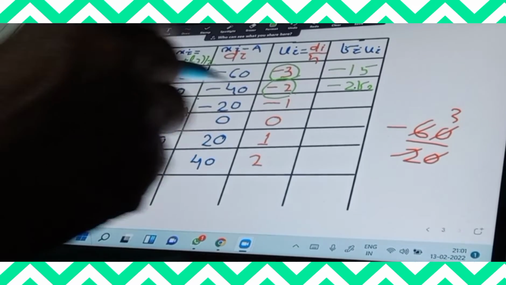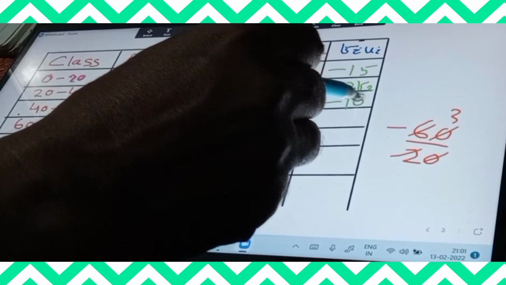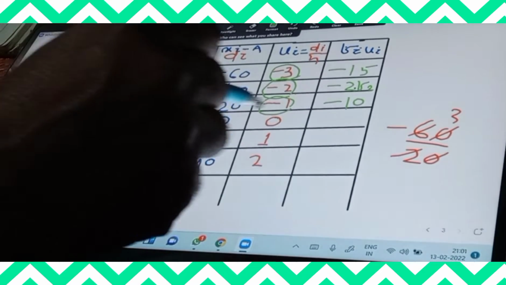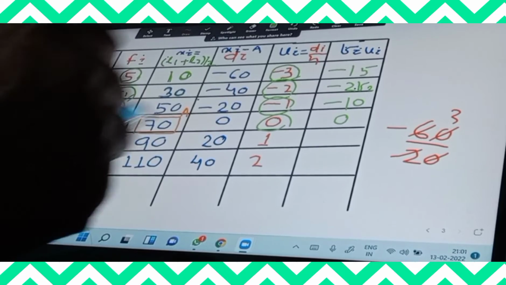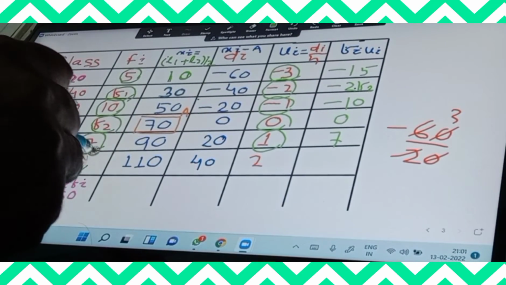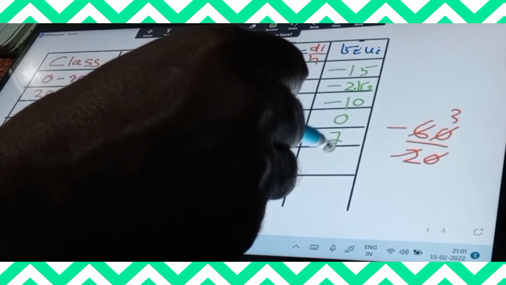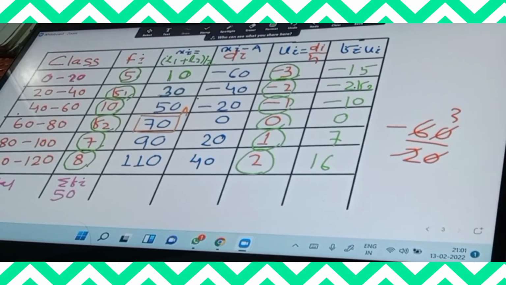And 10 into minus 1 is minus 10. And f2 into 0 is 0. And 7 into 1 is 7. And 8 into 2 is 16. This is how you find it.